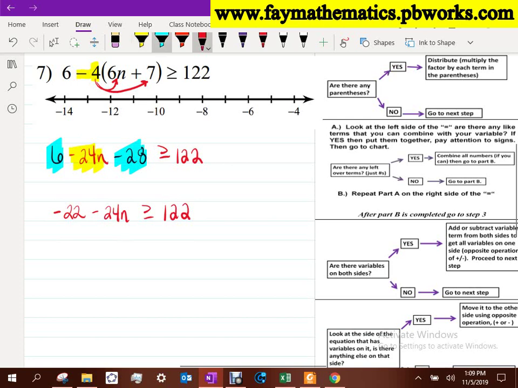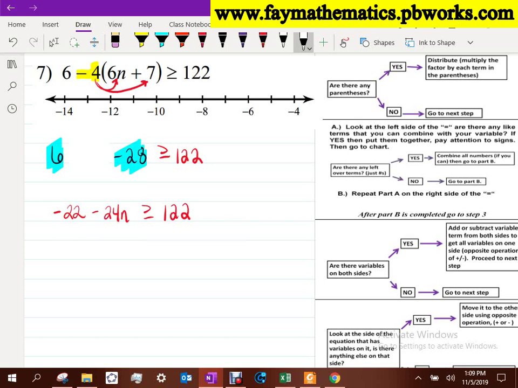Yeah, well, I would just subtract. Because if I'm looking at just like terms, this negative 24n really isn't there. And when I read this, it's 6 minus 28, right? Does that make sense? Yeah.